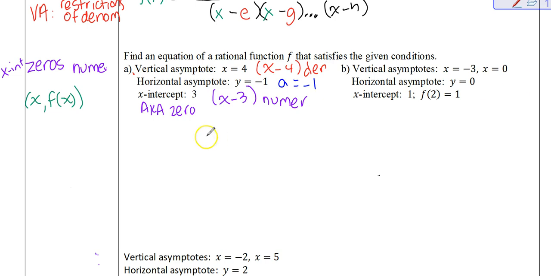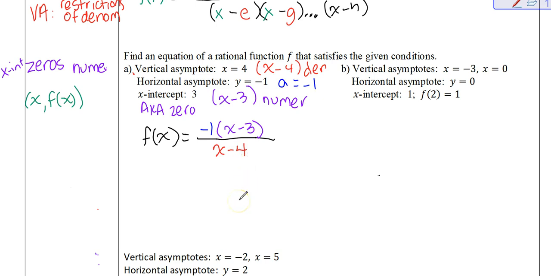So here's what I'm going to do. F of x equals, all right, I'm going to pick up my blue pen and insert my A. Then I'm going to switch to my purple pen, and I'm going to insert my 0, x minus 3, in my numerator, and I'm going to insert my restriction in red pen in the denominator.